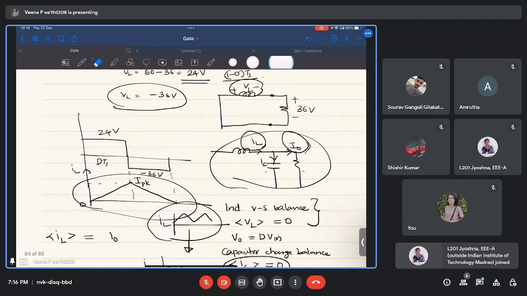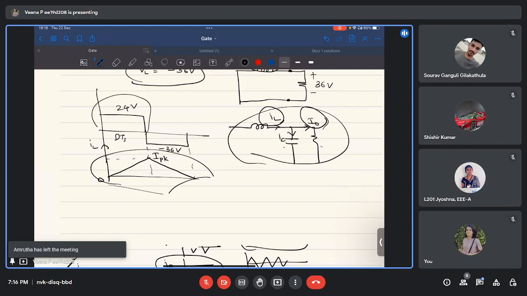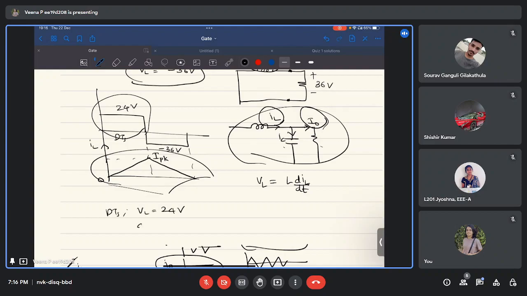Now we know that the voltage across the inductor when the switch is on is 24 volt. Inductor voltage is L di by dt, where i is the current through the inductor. So the rate of change of current through the inductor times the inductance will give you the voltage across the inductor. During the dTs duration, you already know VL is 24 volt. And what is di? The change in inductor current, which is 0 to I peak, so the change is I peak minus 0, or I peak, which is nothing but delta IL.